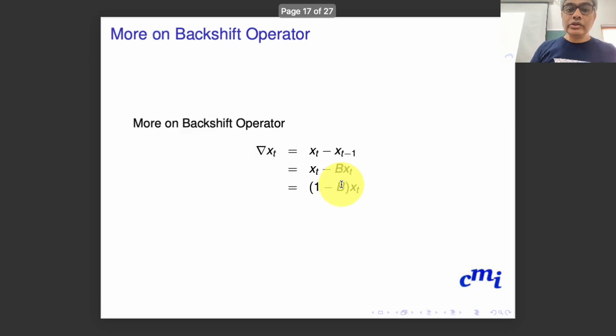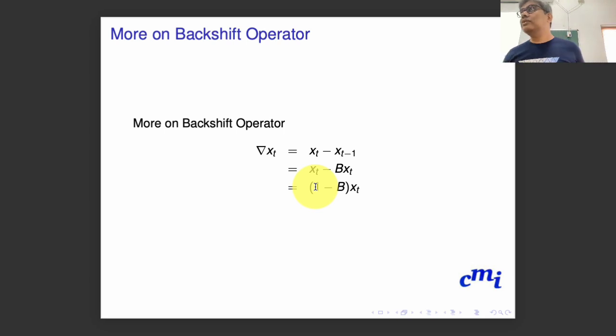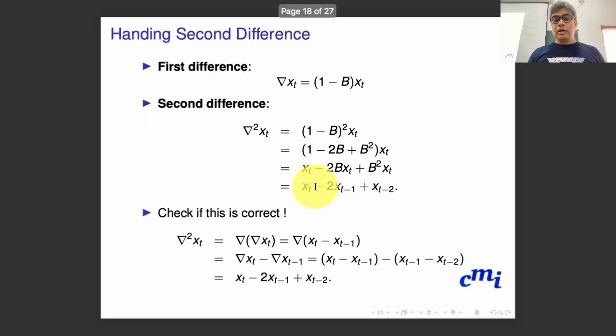So the first difference operator is xt minus xt minus 1, and xt minus 1 you can write as B of xt. Then you take xt common, and that gives you 1 minus B. So Nabla is basically analogous to 1 minus B. This is the first difference operator.